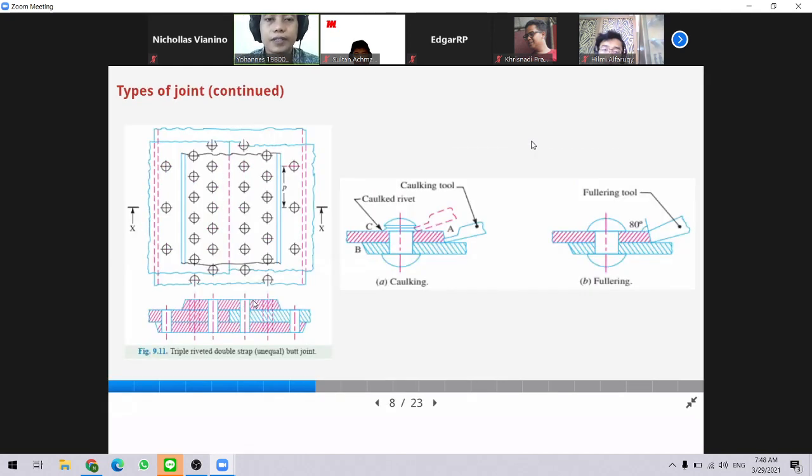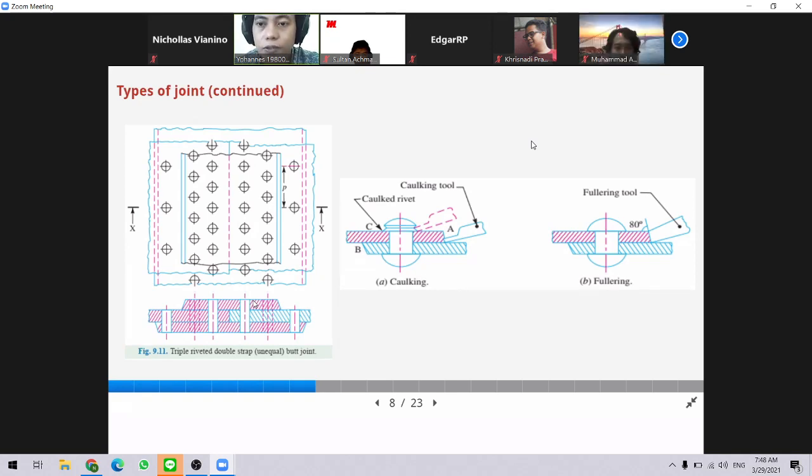Next is the manufacturing process. After we put in the rivet, we have to do another process, which is called caulking and fullering.